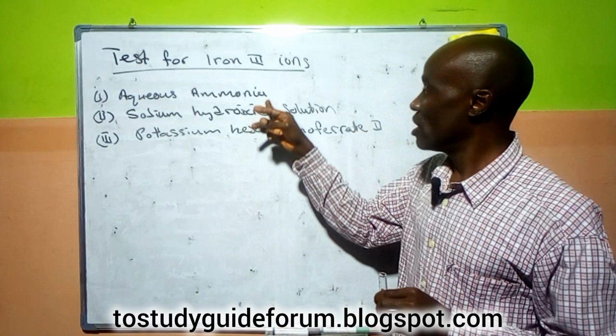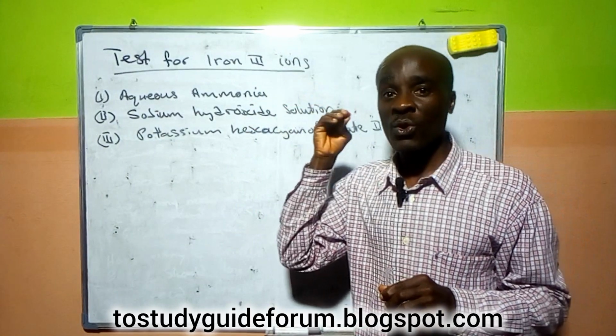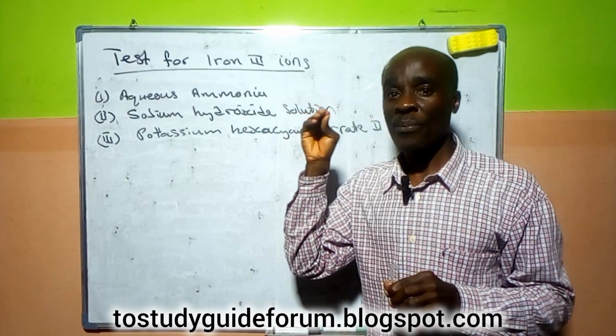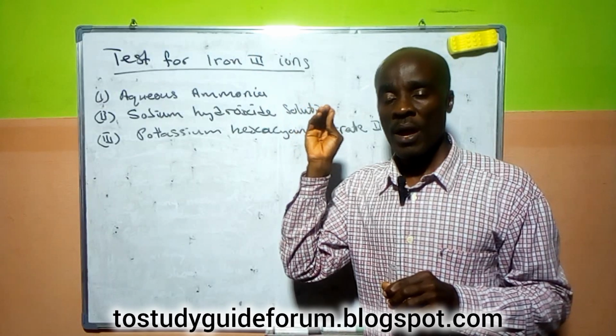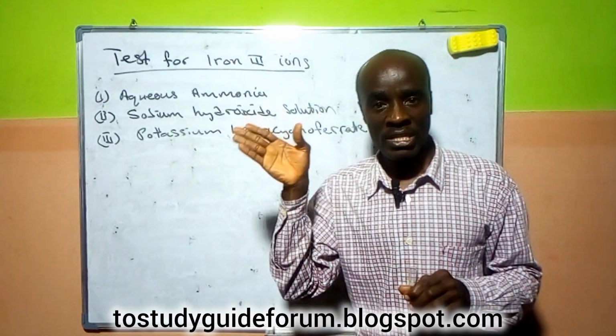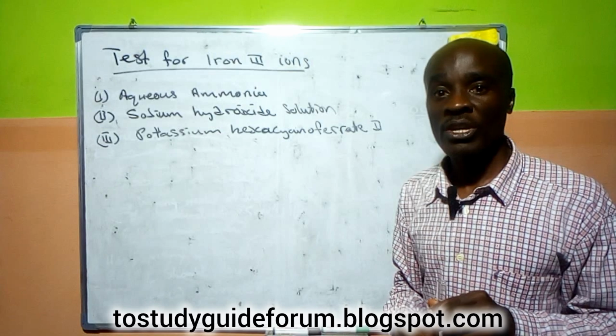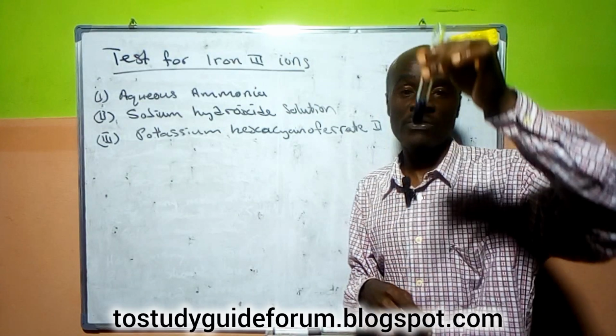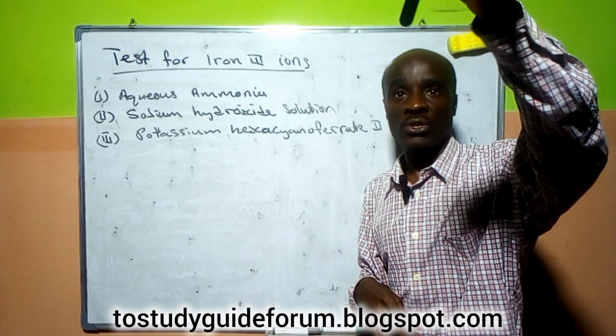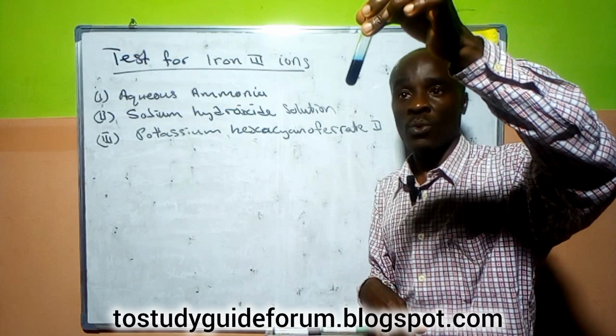But in drops, it gives you an insoluble pale blue precipitate, which is soluble in excess to give a deep blue solution. Rather, this one gives you deep blue coloration. That confirms iron 3 ion.